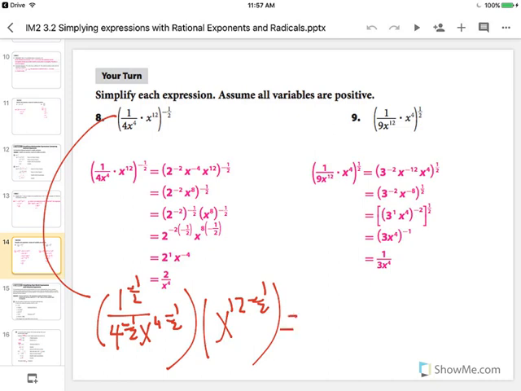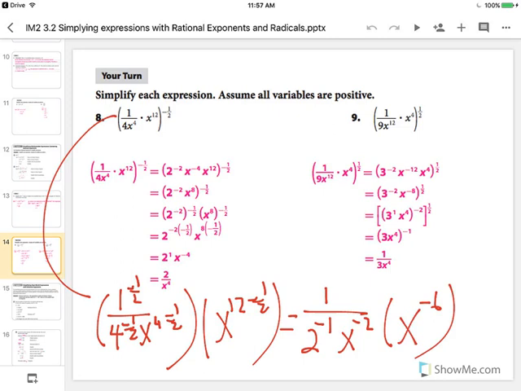Then we say that 1 to any power is just 1. So this gives us, well, 4 is 2 squared, so this gives us 2 to the -1, and x to the -2. And then this part here will give us x to the -6.